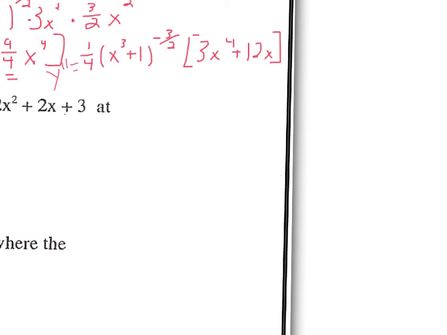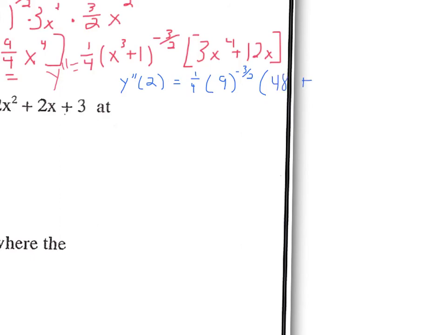So now we're finally ready to plug in a 2 to see what the acceleration is at 2. So y double prime of 2 is going to equal 1/4 of 2 cubed plus 1, which is 9, to the negative 3/2, times 2 to the 4th is 16, and 16 times 3 would be 48.